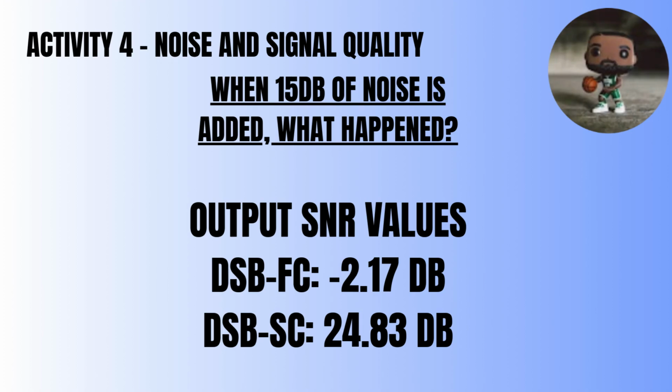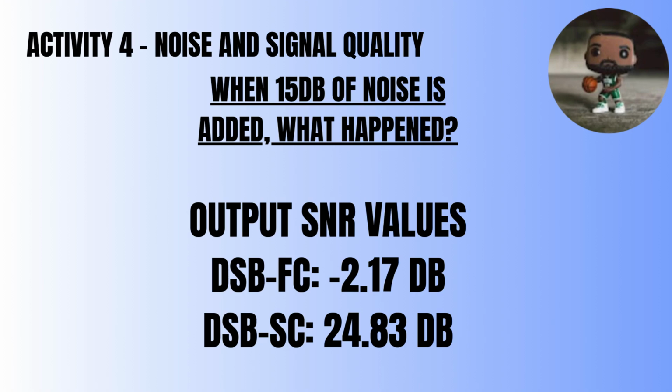In activity 4, we will talk about noise and signal quality. So basically, noise is an unavoidable part of real-world communication systems. In this activity, when 15 dB of noise is added, what will happen? Basically, the output signal-to-noise ratio is used to measure signal quality after demodulation.